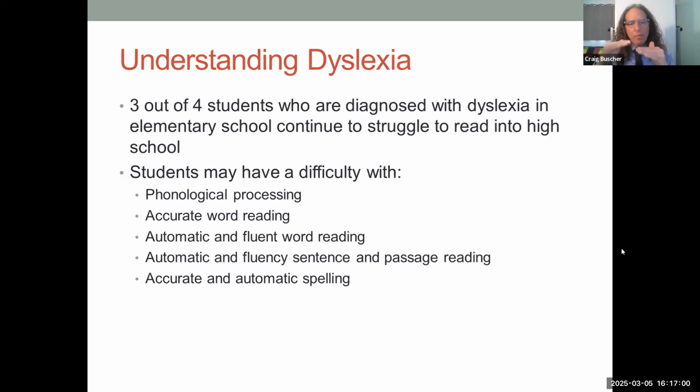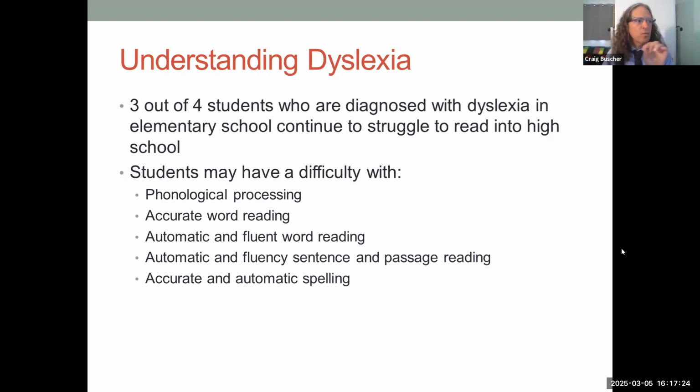You want to think about this in terms of word reading, but also sentence level and passage level reading. If you're not an automatic and fluent word reader, you're not going to be an automatic and fluent sentence and passage reader either. And if you're not an accurate and fluent word reader, it's highly likely that you're also not an accurate and automatic speller.